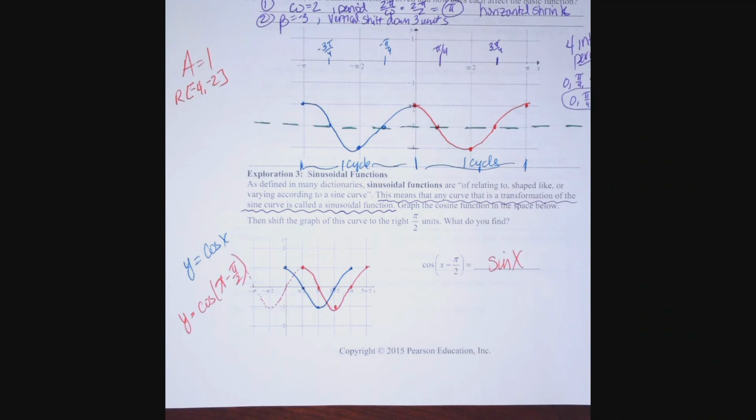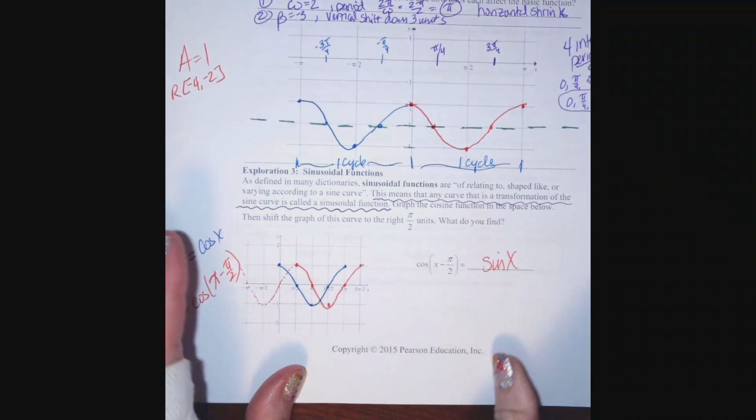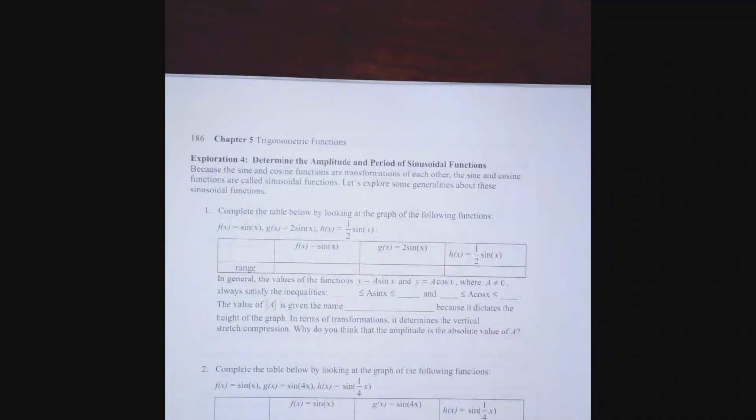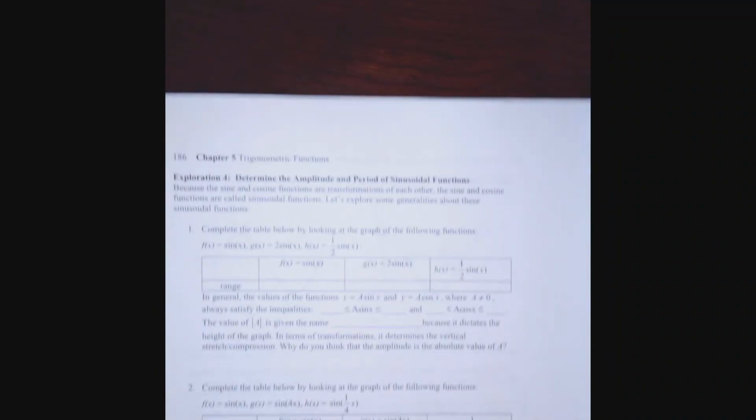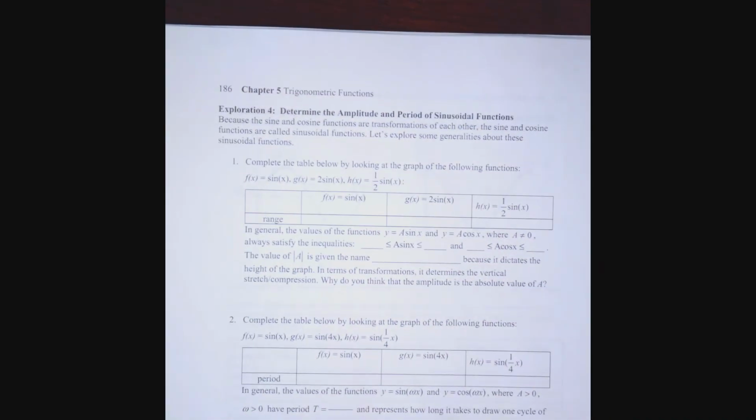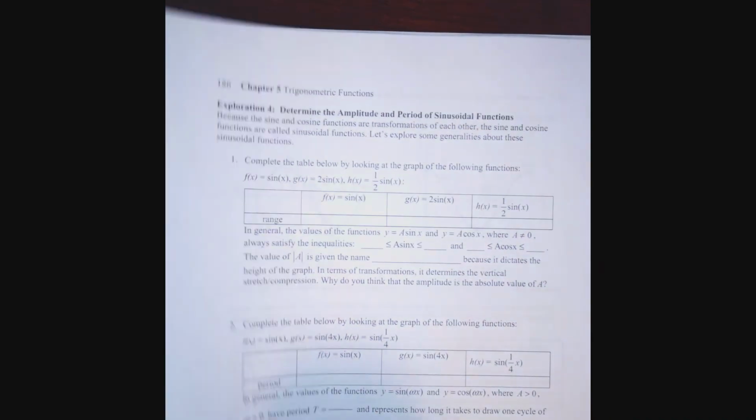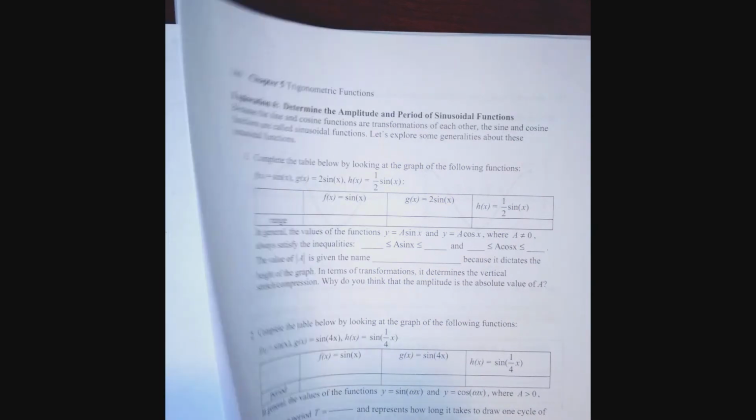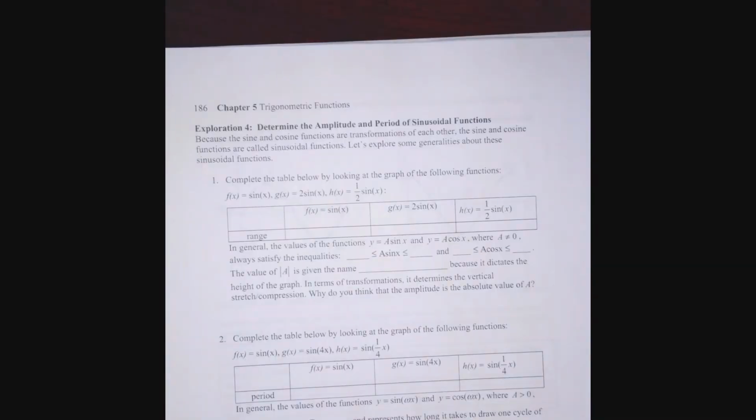Okay. The next thing we're going to do on our next exploration is compare some changes in our graphs. Now, to make this happen, let me see if I can find mine.